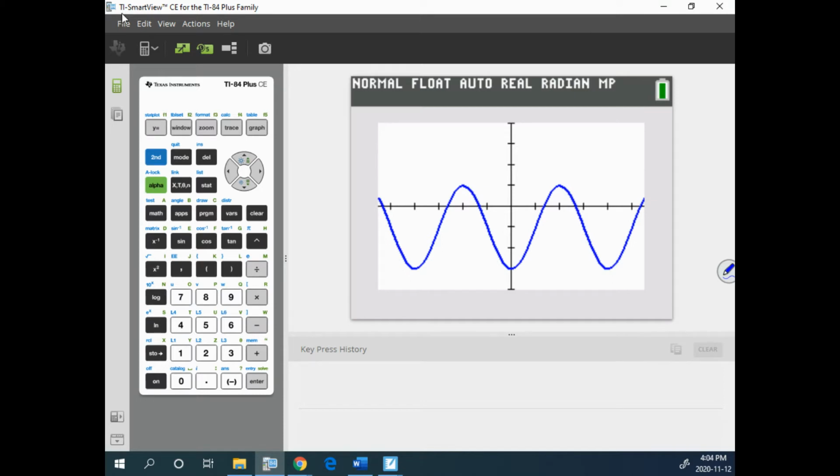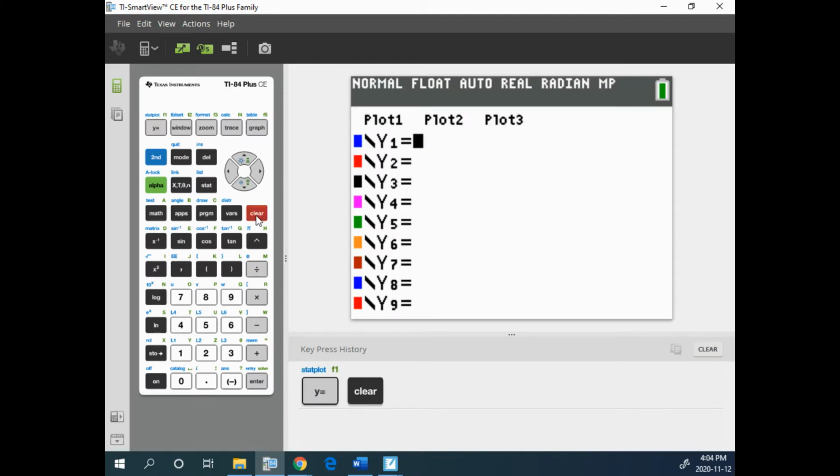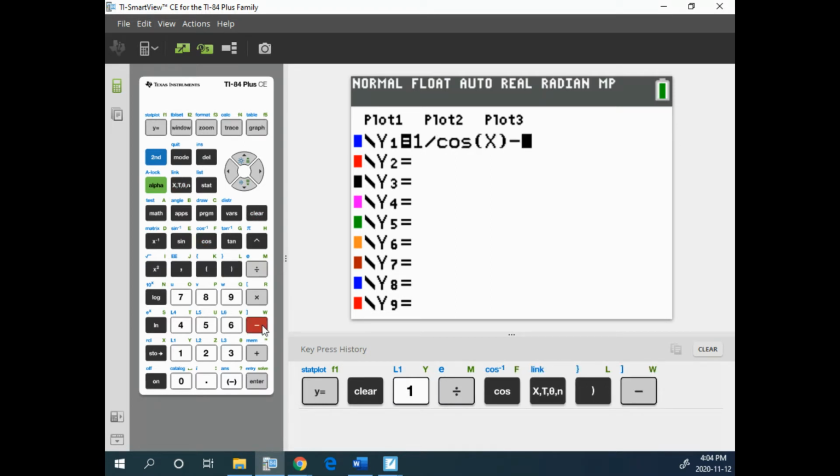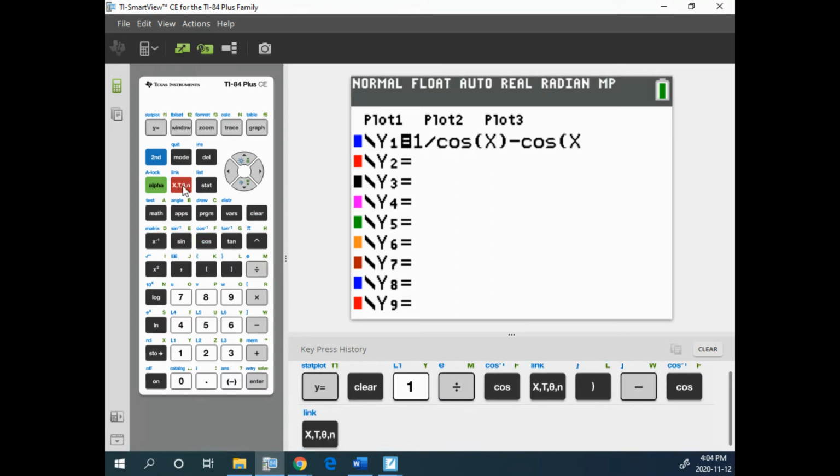Now, the second way is to see if it's the case on our calculator. So we are going to check to see if our calculator shows that this could also be an identity. So 1 divided by cos x minus cos x, that is my left-hand side.